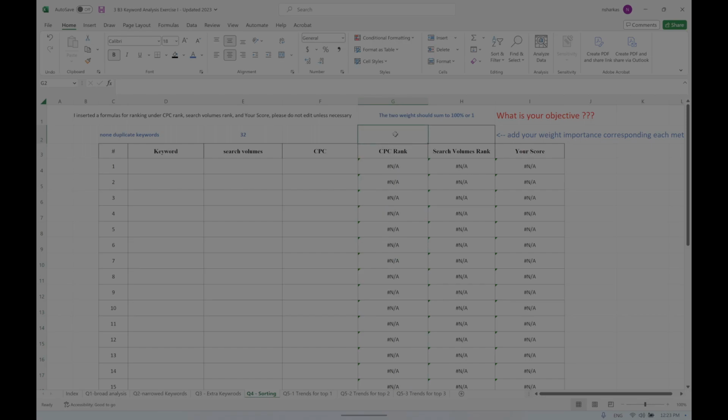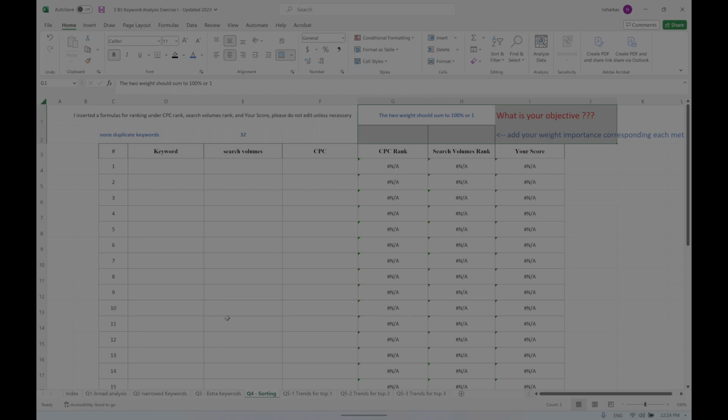So you're probably going to opt for 80-20 or 70-30 kind of weights. For a startup, I'm probably going to opt for 80-20, for example, or 70-30, depending on the results that you obtain. And this would be a very interesting approach to the analysis of demand, keyword demand analysis.